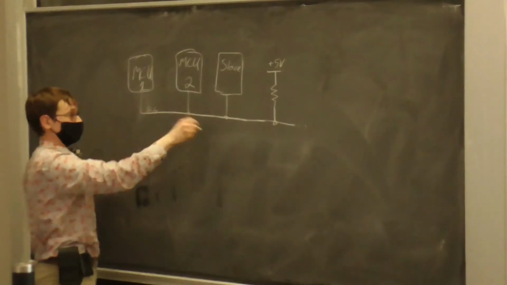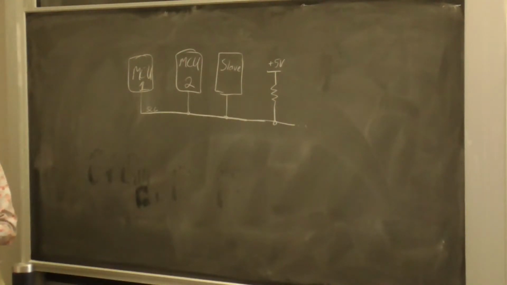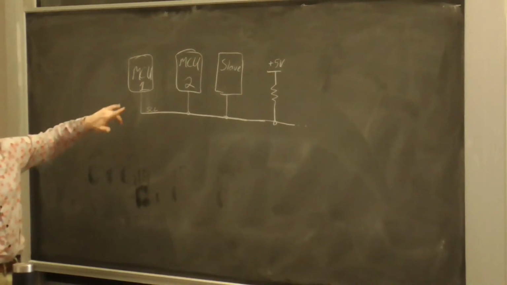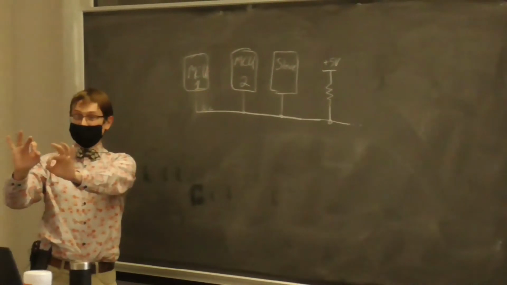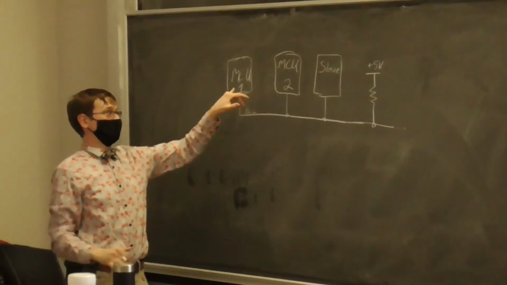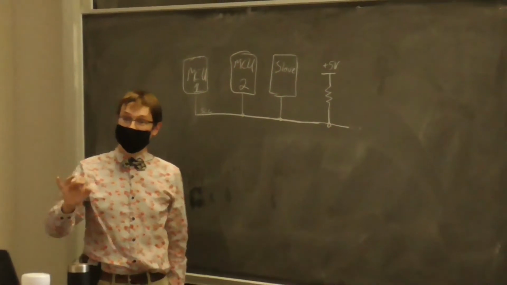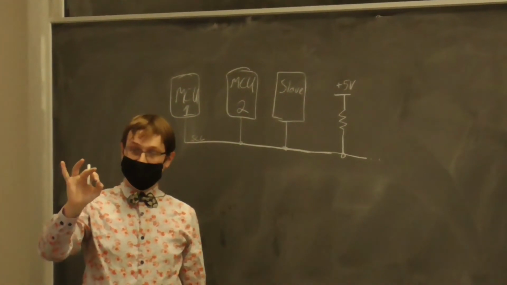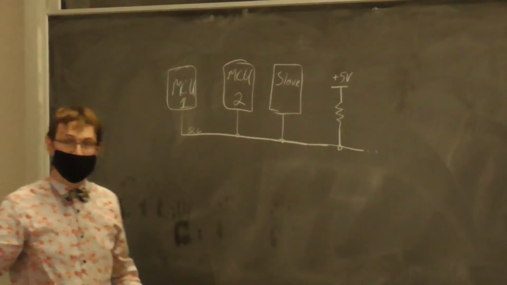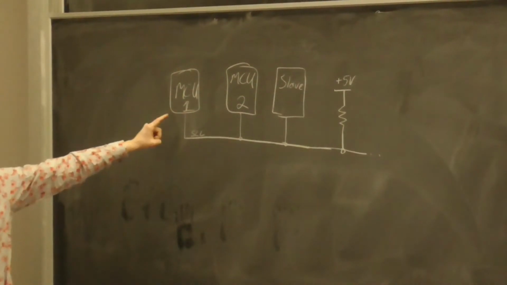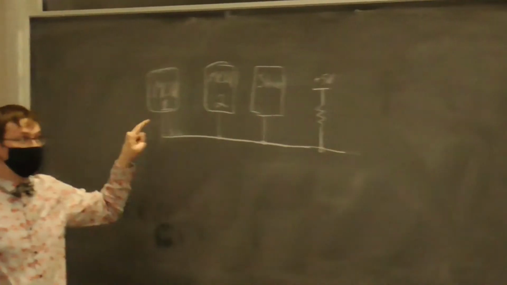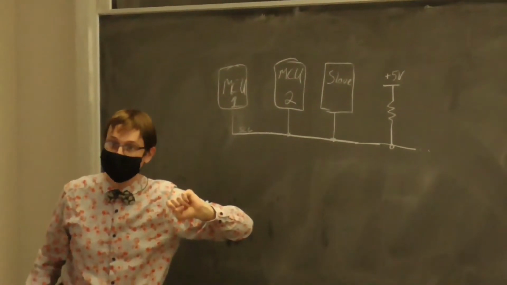This is what the clock line would look like as it was wired up. All of these ports are configured in open drain configuration. So if nothing is being written, these are in a high impedance state.